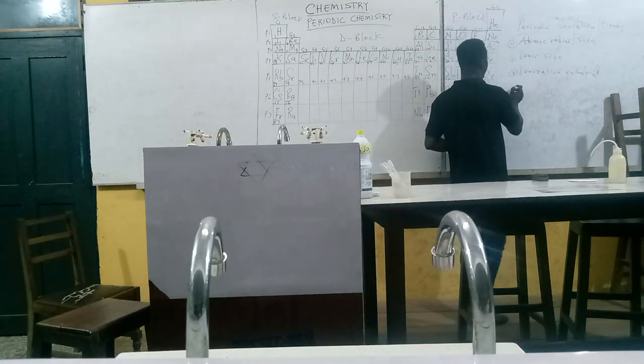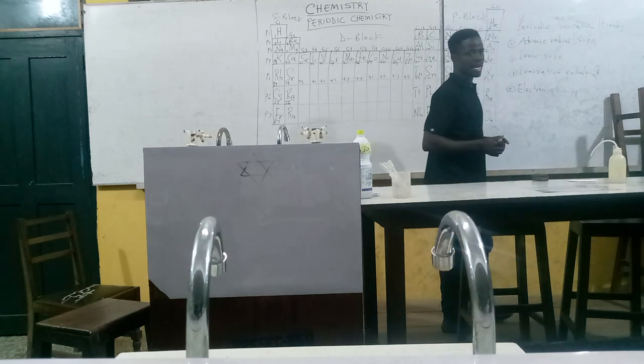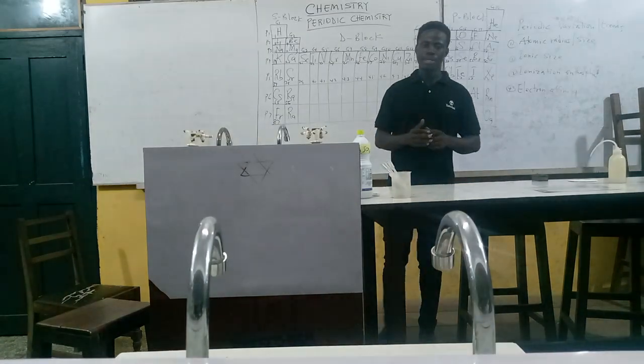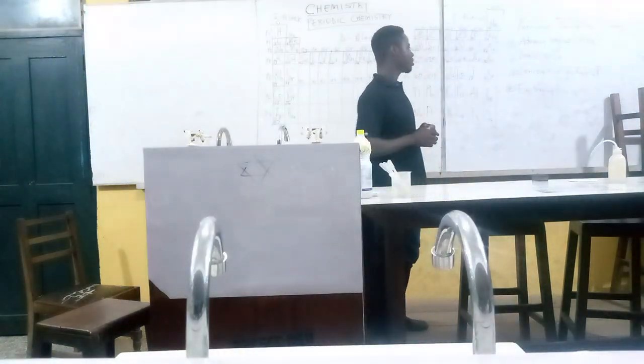We also have another variation which we'll talk about: electron affinity. We will explain them one after the other, and we'll decide which ones are chemical variations and which ones are physical variations.